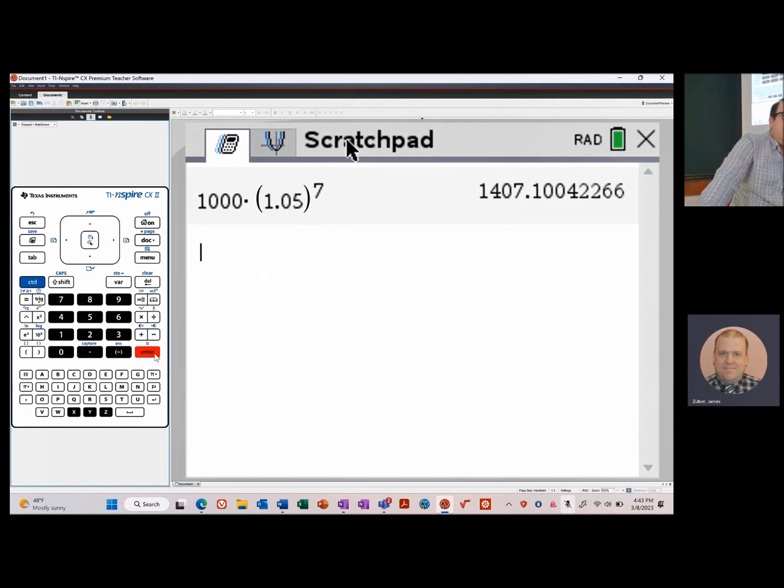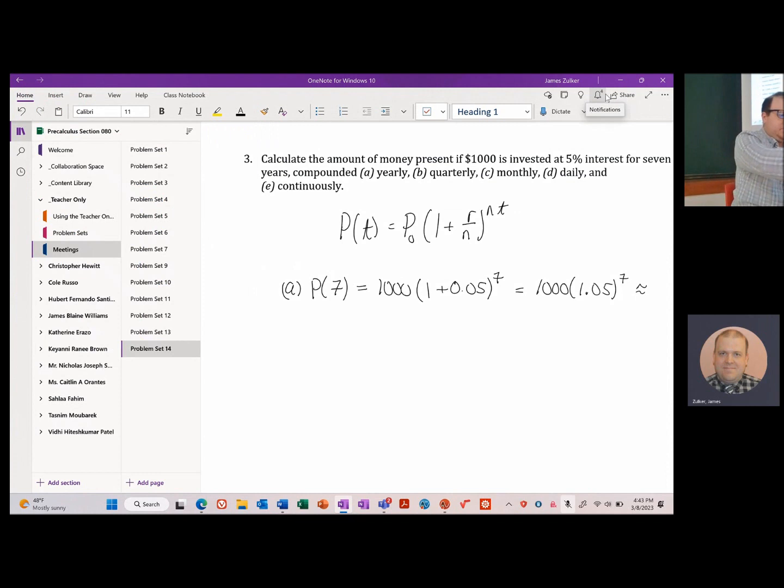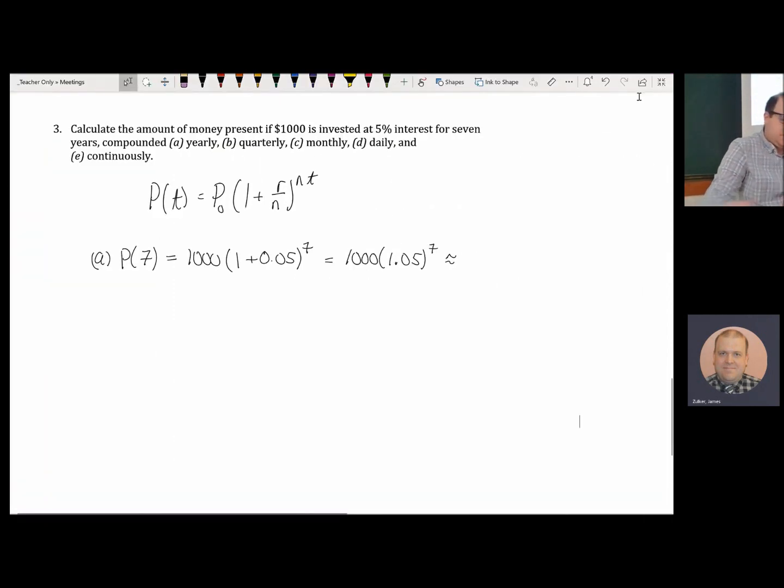Since we're dealing with money, we're going to go out to 2 decimal places. $1,407.10. So in the 7 years, you would have gained $407.10 in interest.